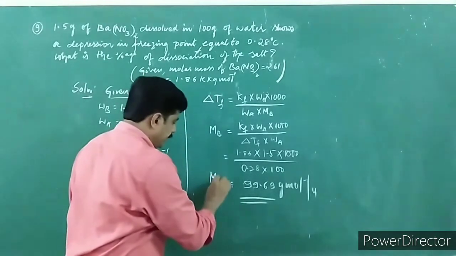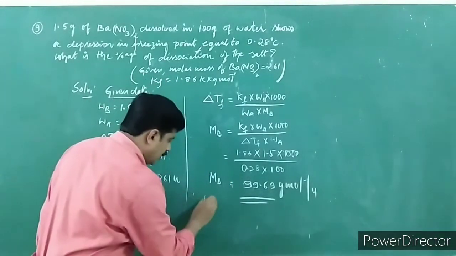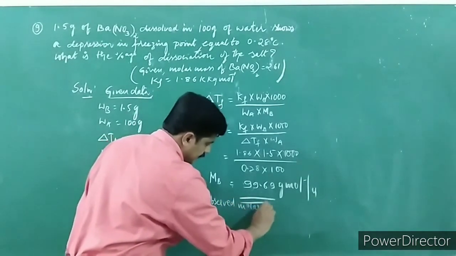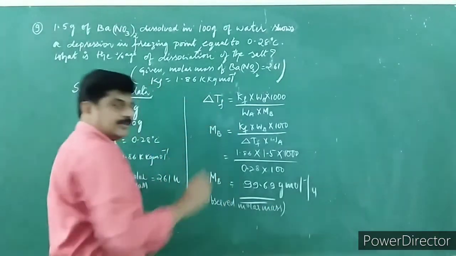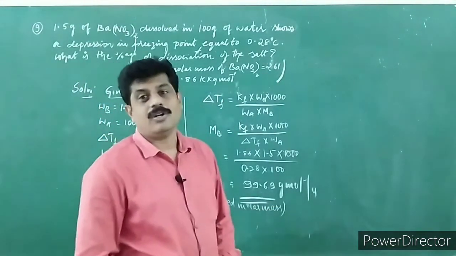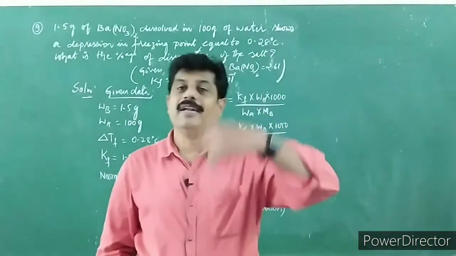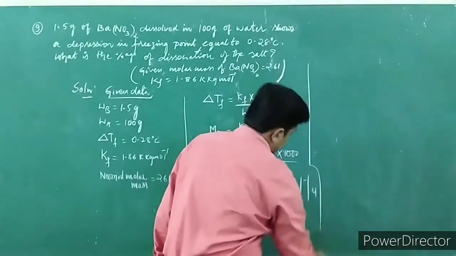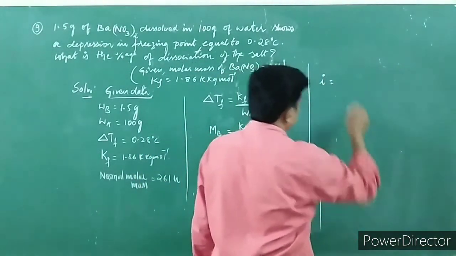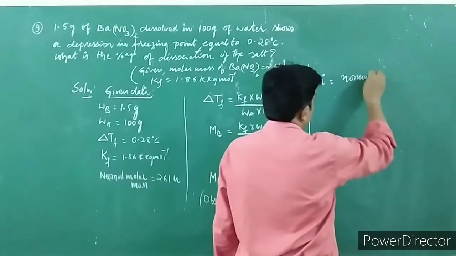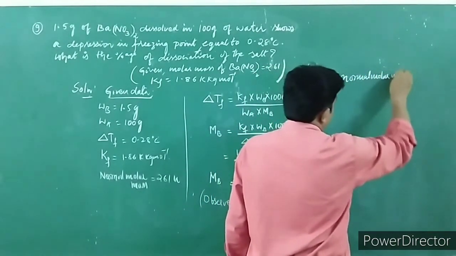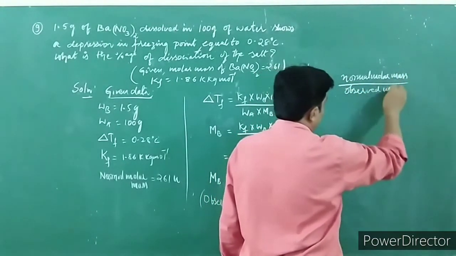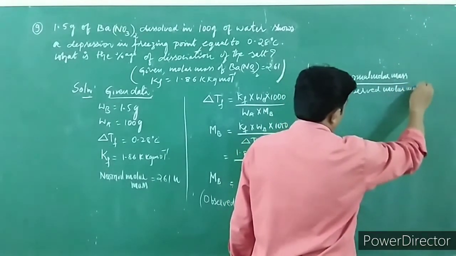This is MB. This I will take as the observed molar mass. Now you have the normal molar mass and the observed molar mass, then you are going to find the Van't Hoff factor. You know the expression? i is equal to normal molar mass upon observed molar mass.